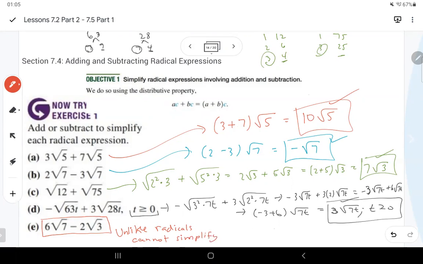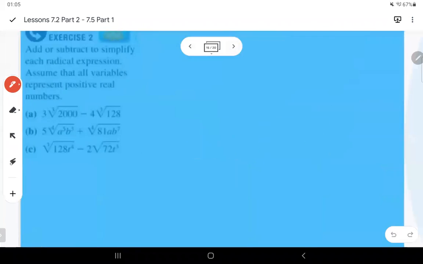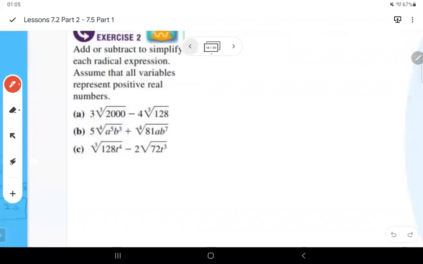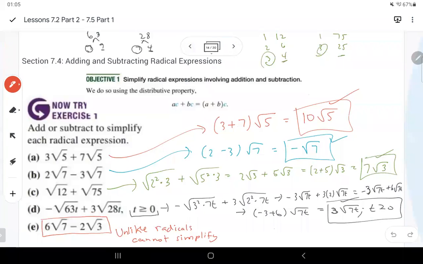Okay. All right. I'll go back just in case you need to pause here and write stuff down. And then we'll move on to example 2.